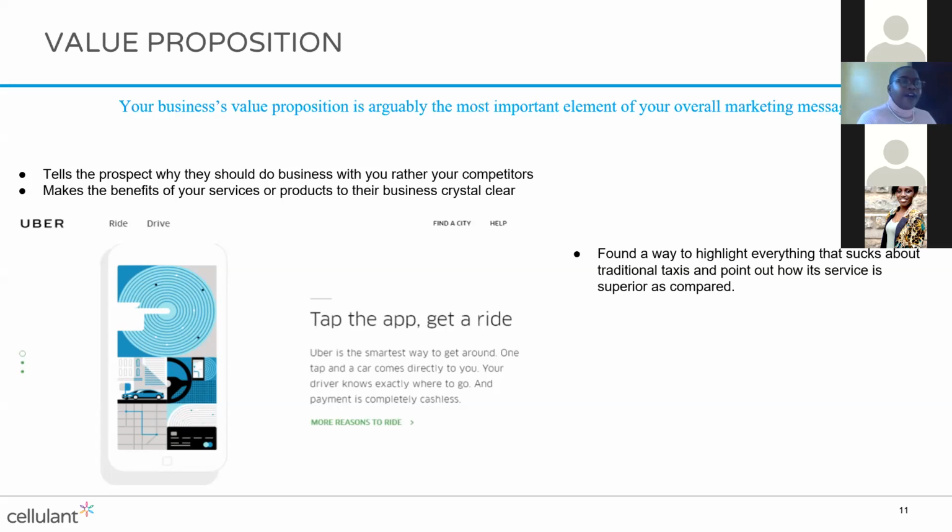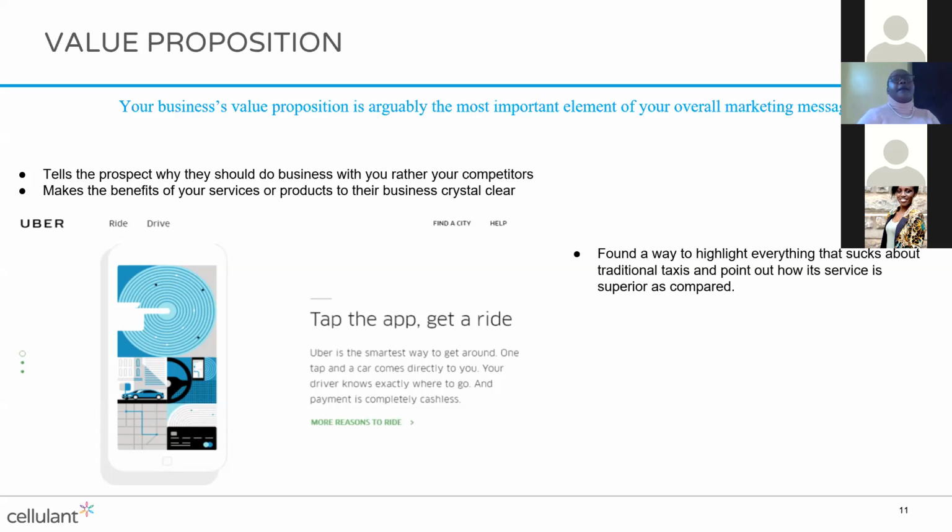As compared to having to fumble for cash or for coins in your bag at the end of your ride, or constantly being worried whether you have enough change to get taxis. None of that is ever a worry when you use a service like Uber. Yeah, I think that's clear. Thank you for that input.